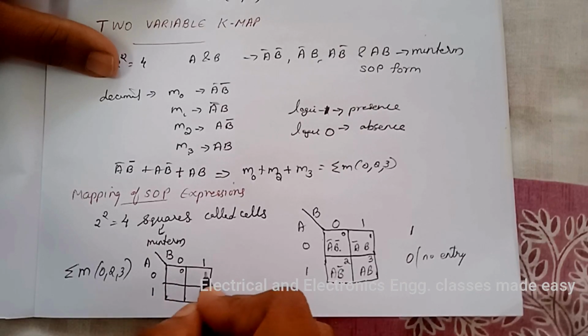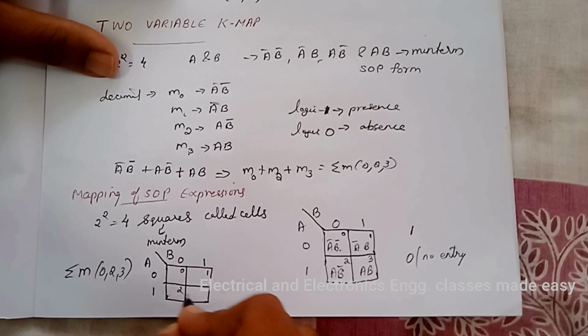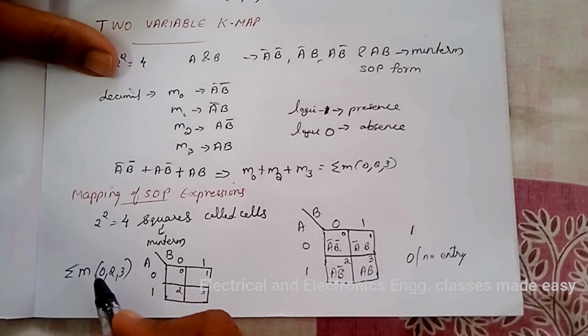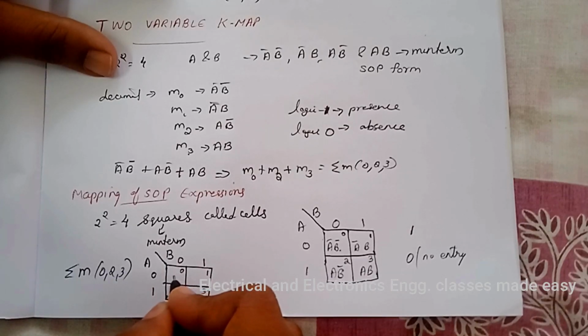The value of this square is 1, then 2 and 3. So the minterms present are 0, 2, 3. That is, this is 0. So put a 1 here.